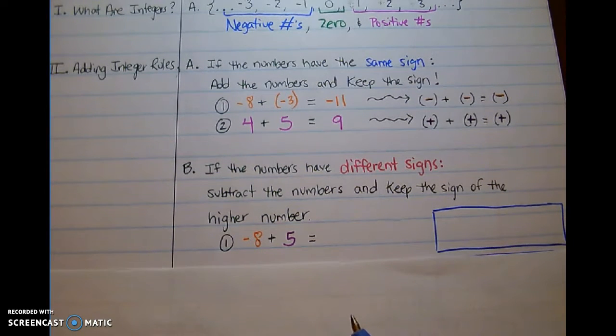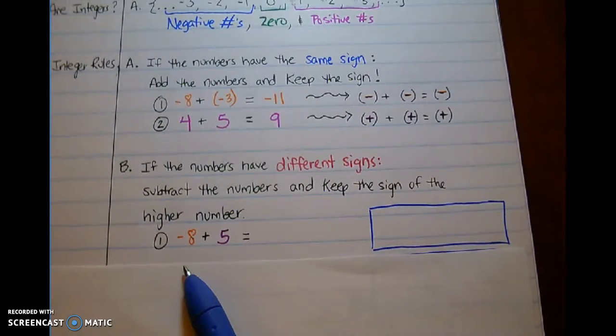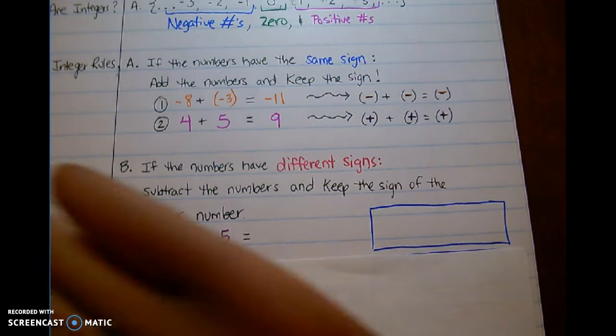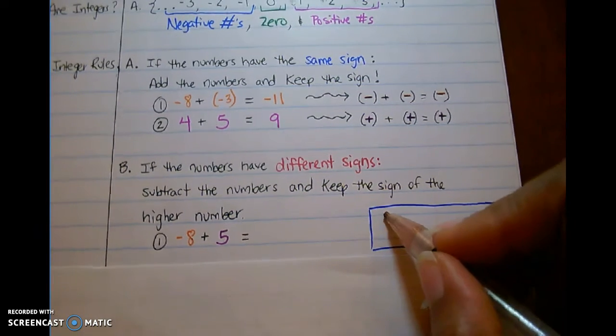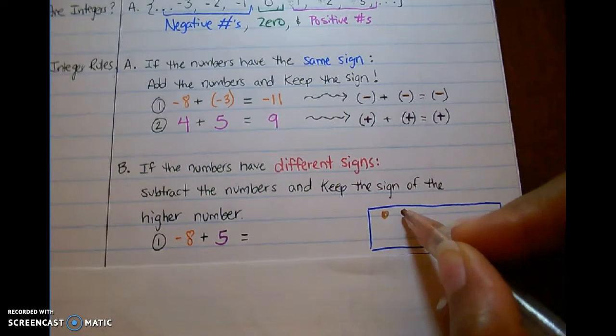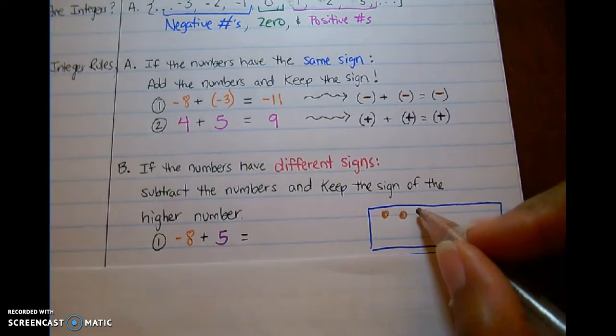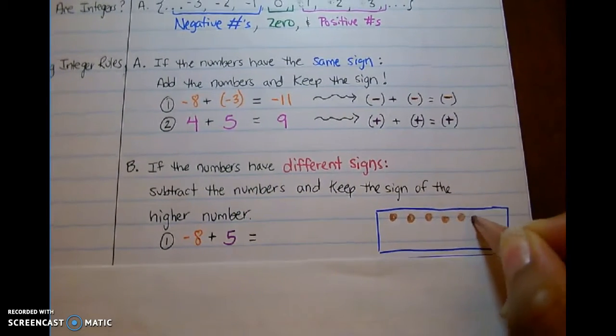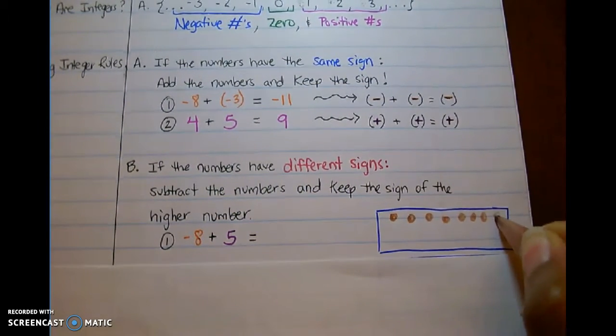For our first example, we have -8 plus 5. Okay? So to kind of model this for you, I'm going to put brown dots, which are going to represent my -8. 1, 2, 3, 4, 5, 6, 7, 8.